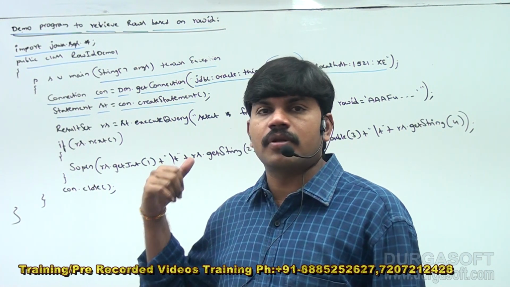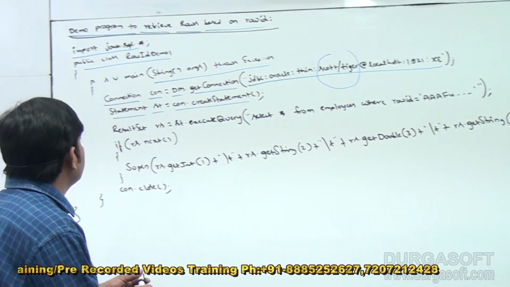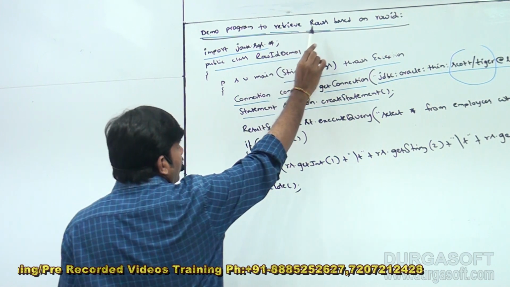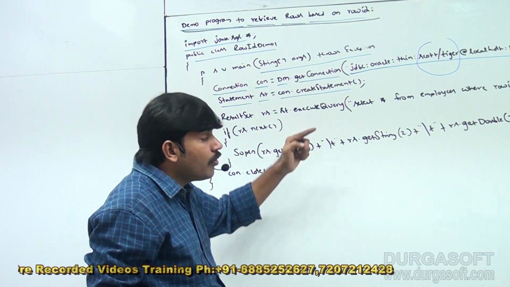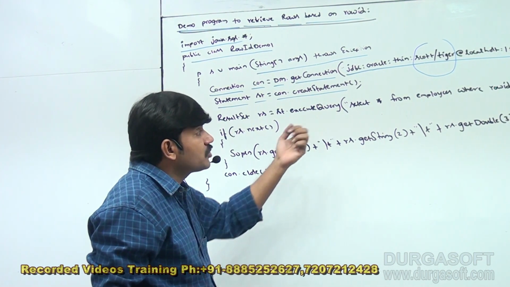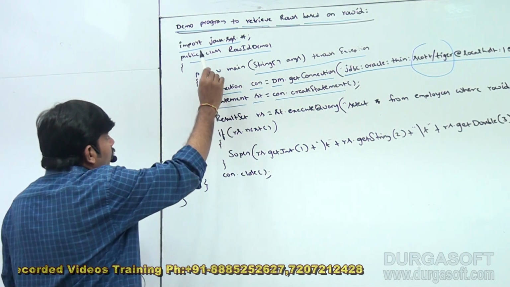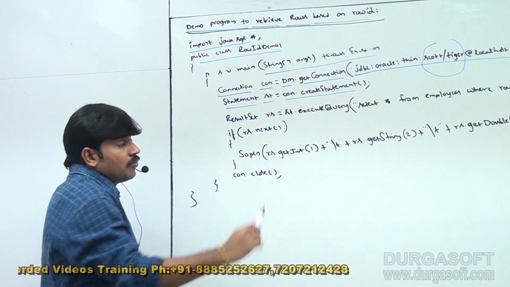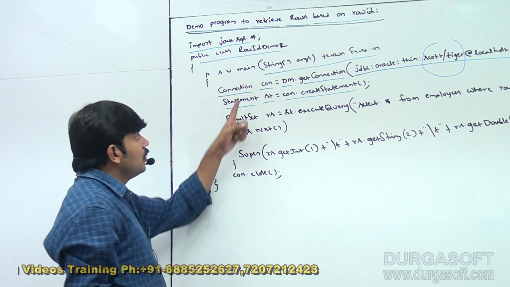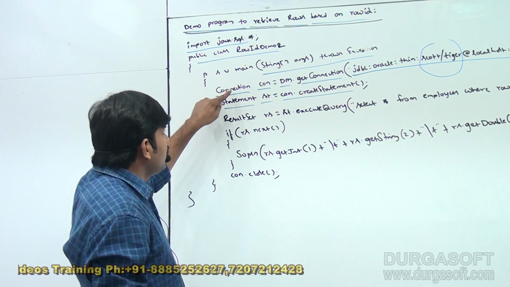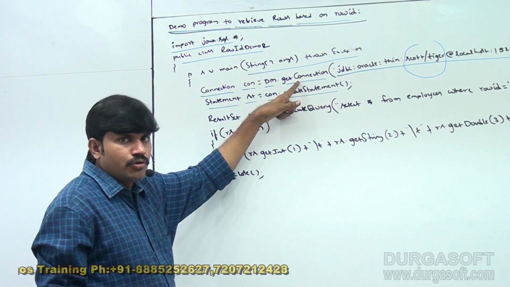How can you do that, sir? A small executable program I will show. Have a look once, sir. Demo program to retrieve rows based on row id. If I provide row id, my JDBC program has to retrieve that data. import java.sql.*; public class RowIdDemo2, main method throws Exception, Connection con. Sir, you people are already aware.